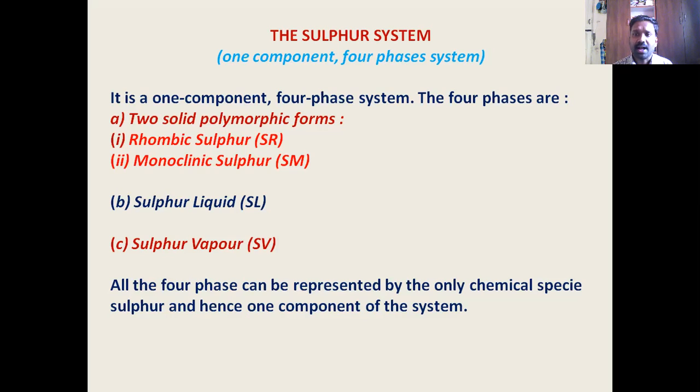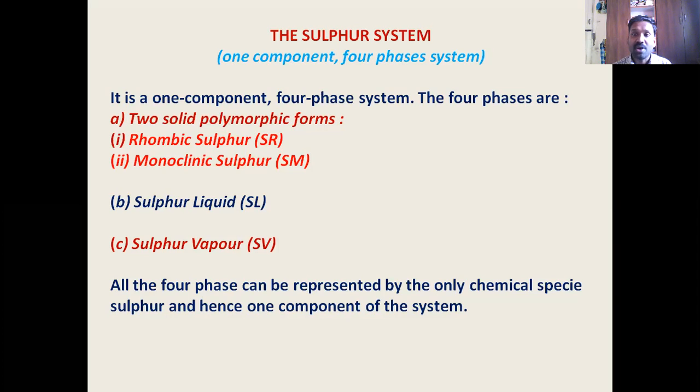In fact, for a given compound, existence of three phases can be readily perceived. Why? It can exist as a solid, it can exist as a liquid, it can exist as vapor. Is it not? Okay. Which is this additional phase then in the sulfur? That is the different phases or two phases within the solid state.